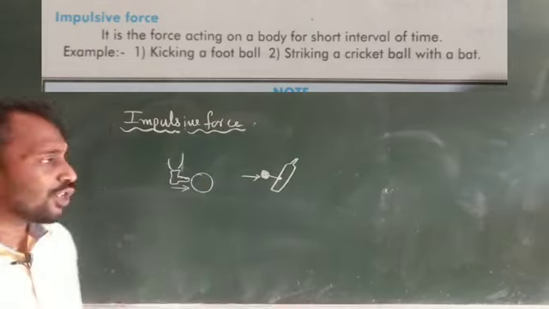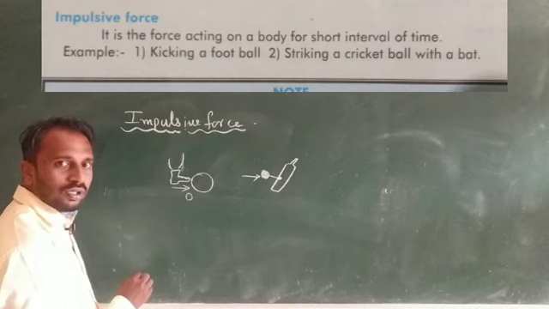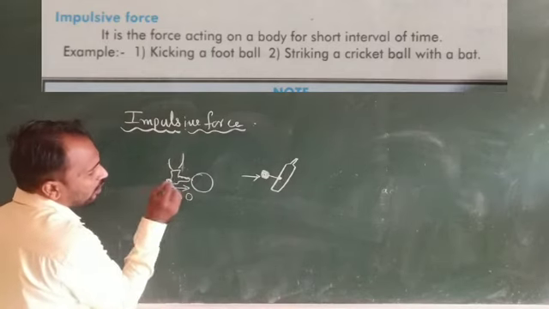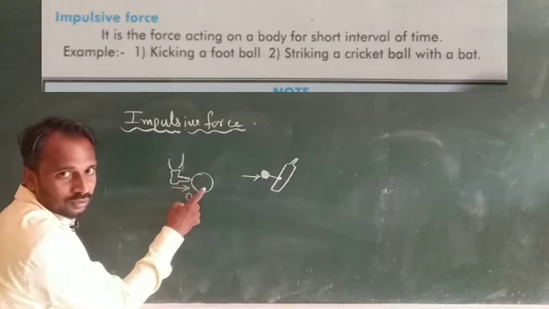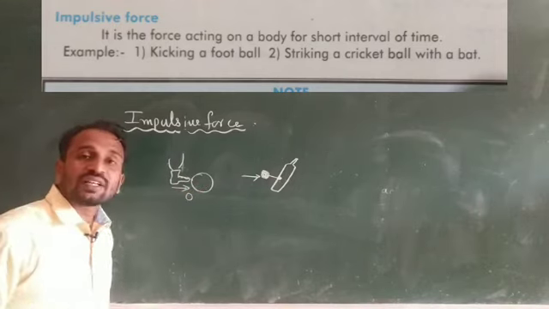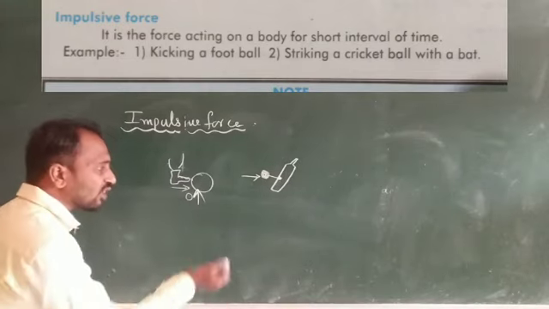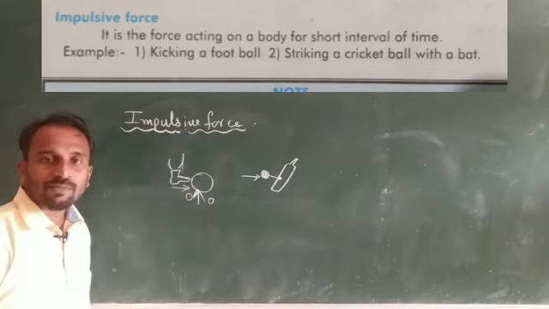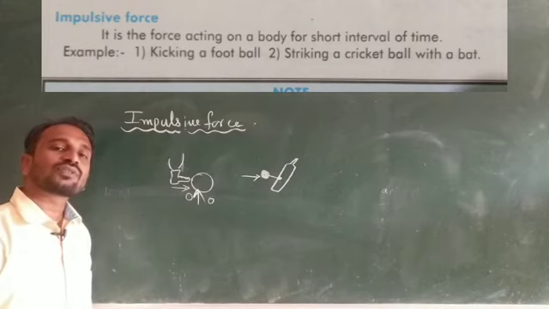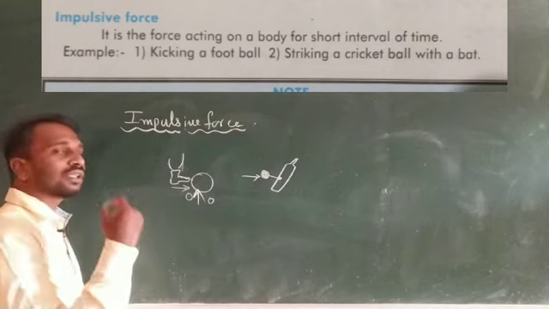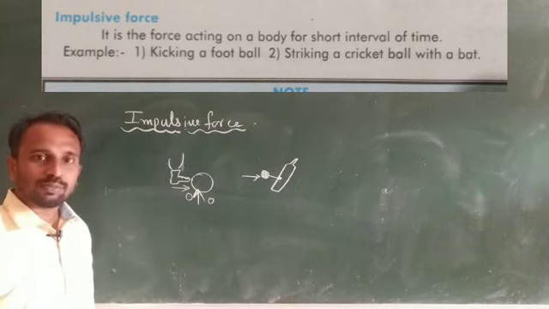And here initially the impulsive force is 0. And when the player kicks the ball, at that time we get a maximum impulsive force. Afterwards, the impulsive force is 0. Initially it is 0, and impulsive force is maximum when the person kicks the ball.